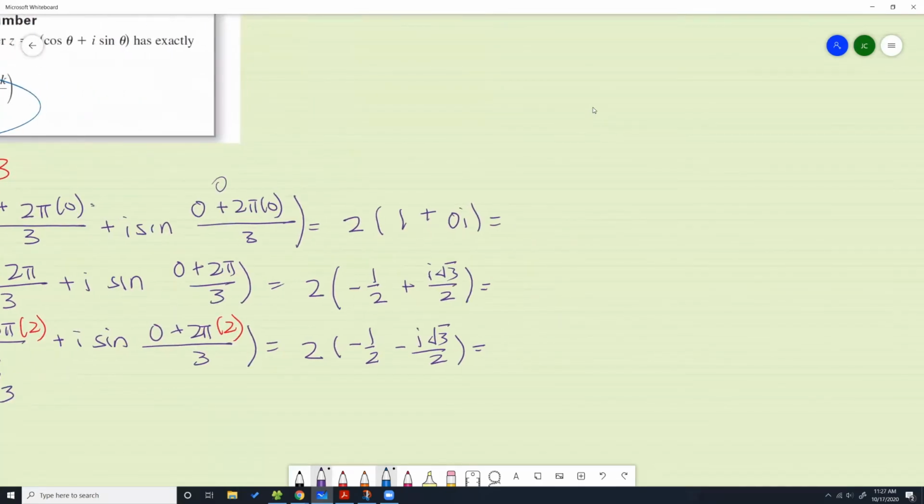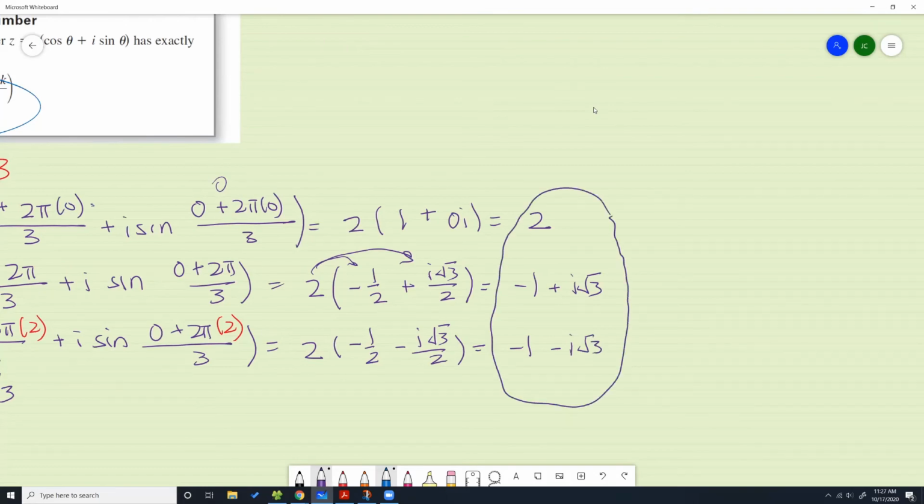One step away. I'll distribute the 2 into both these terms: negative 1 plus i root 3, negative 1 minus i root 3. And we're done. These are your cube roots of 8.